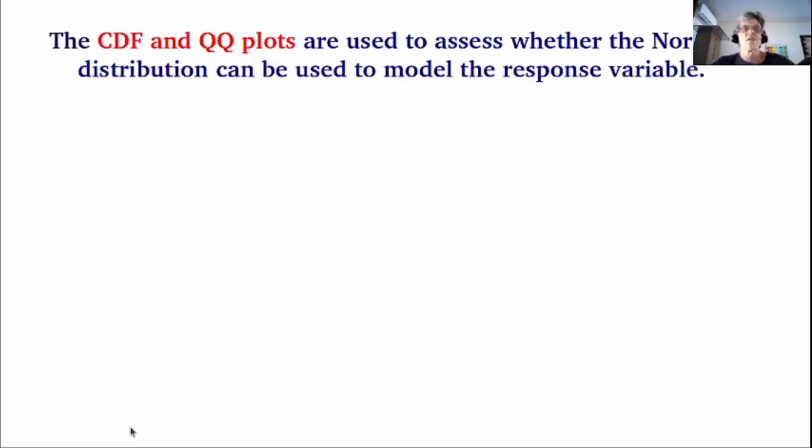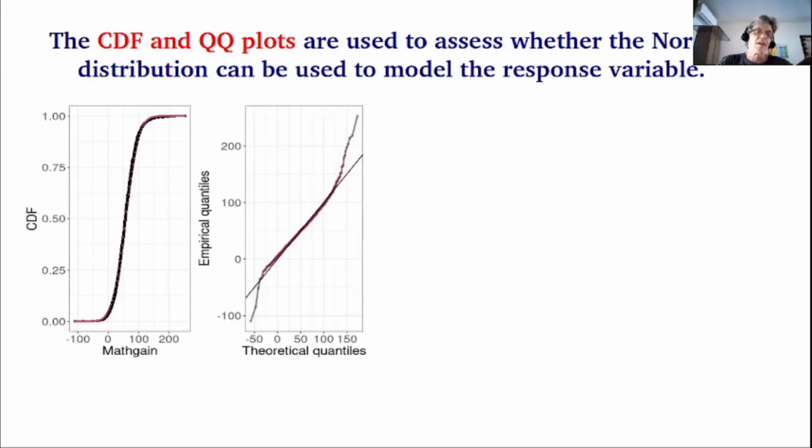So I use as usual the cumulative distribution function plots and the QQ plots to assess whether the normal distribution can be used to model the response variable. And here I show the fit of the response variable to a normal distribution, which is pretty good in the cumulative distribution function plot, and it's reasonably good but not excellent for the QQ plot, showing only deviations in a few of the more than 1,000 points that we have for this response variable.